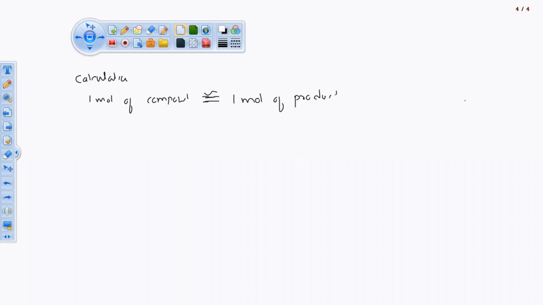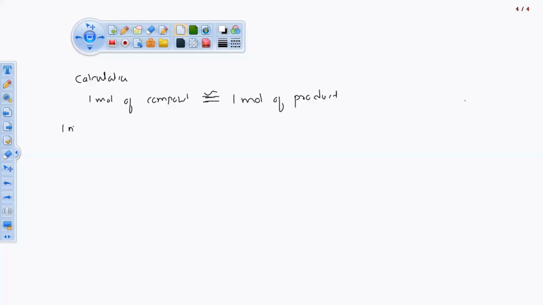ठीक है. 1 mole of reactant, 1 mole of product. This one is nothing but the reactant, this one is a product. Now the one component, the reactant that reacts and becomes product, that is our methyl benzoate.